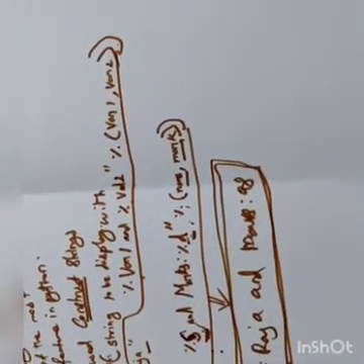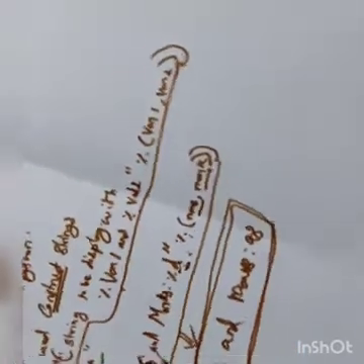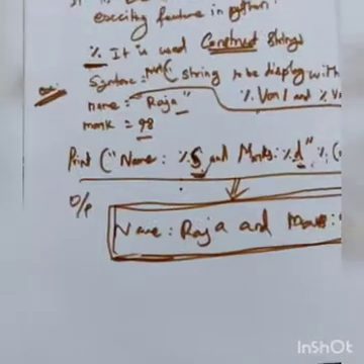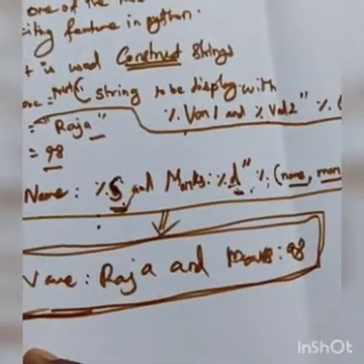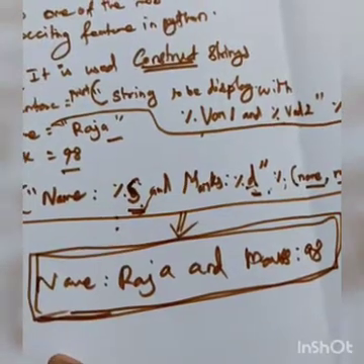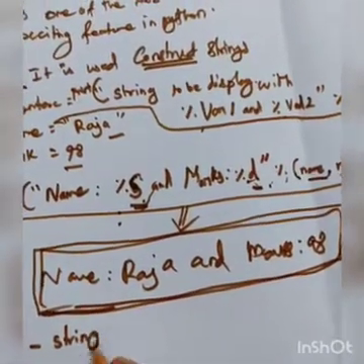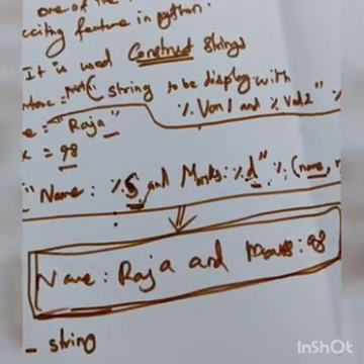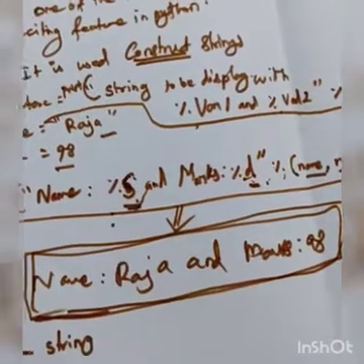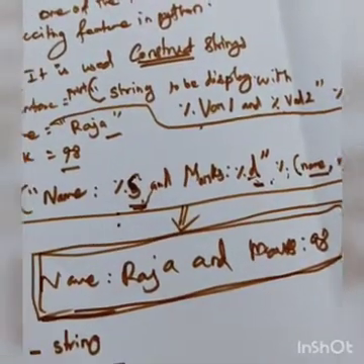Okay students, this is formatting with the operators. Now, what are all the formatting operators? Percentage s means string or character. Percentage d means integer, a short integer.